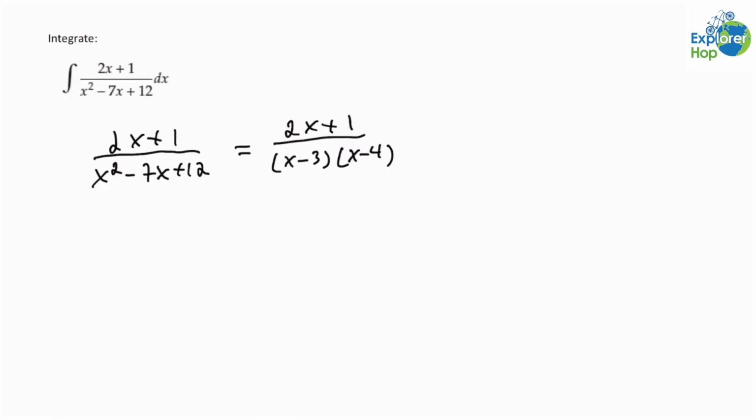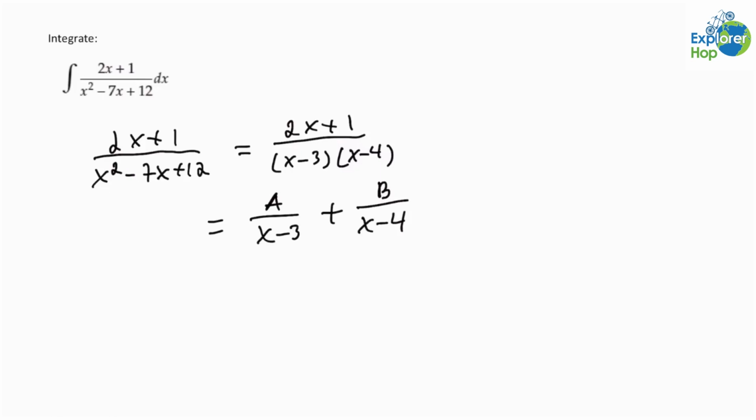Now, we will set up the following equation, where this is equal to A over x minus 3 plus B over x minus 4.